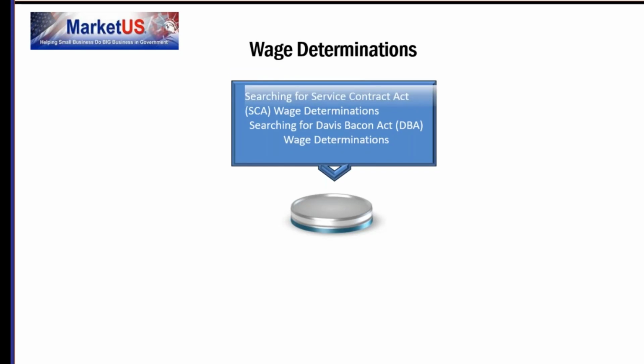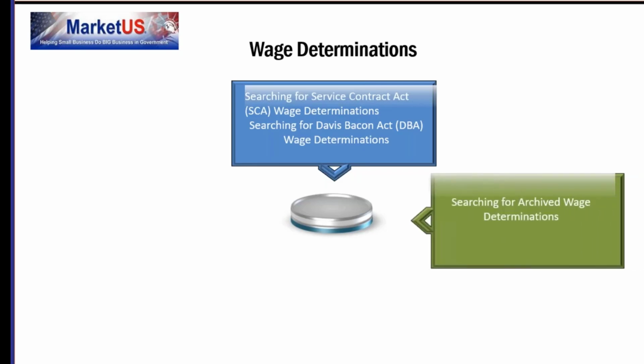You can also search for the Davis-Bacon Act for determinations. I don't know if you could do that under the old one or not, but this was the first one that actually got migrated. You can actually search the archive to see whether it went up or down or changed or added, deleted, whatever it happened to be.